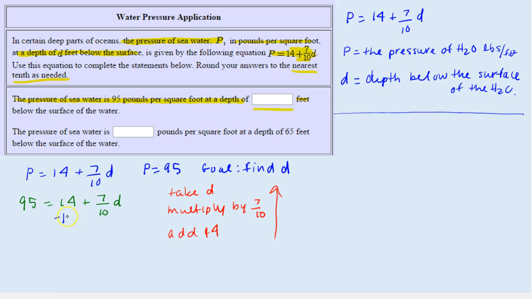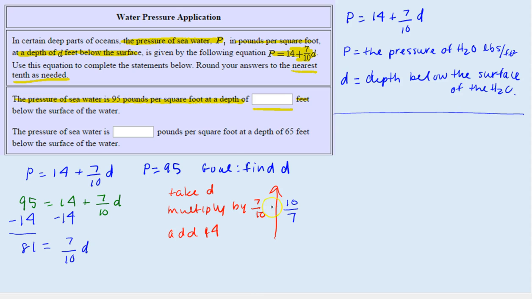On this side, I see it right there. Here I'm going to line it up with 95, sorry. This would give us 81 equals 7/10 d. Now, here we multiplied by 7/10, so to reverse multiplying by 7/10, you multiply by the reciprocal, 10/7.